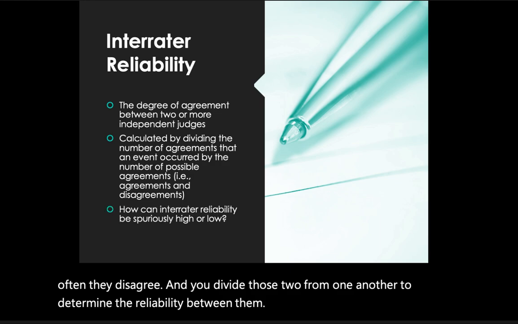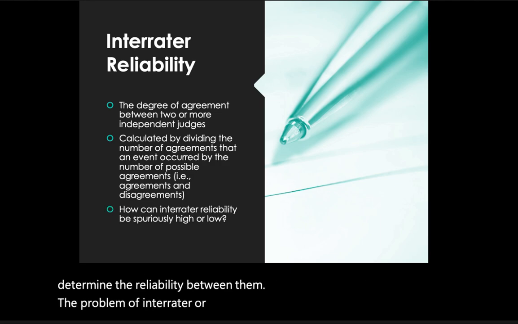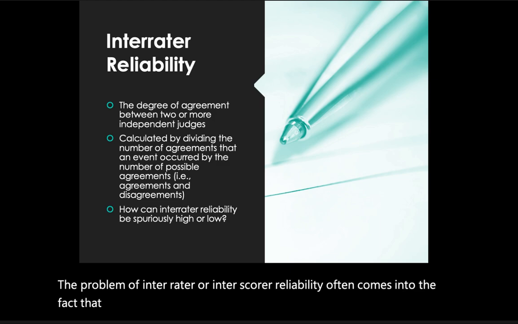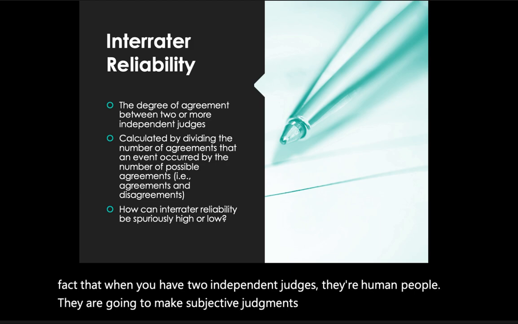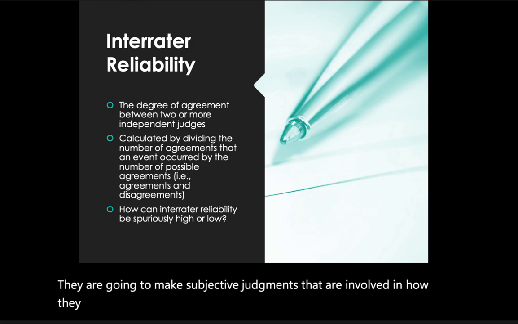The problem of inter-rater or inter-scorer reliability often comes into the fact that when you have two independent judges, they're human people. They are going to make subjective judgments that are involved in how they score each item.